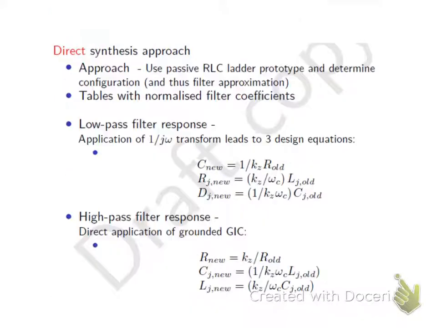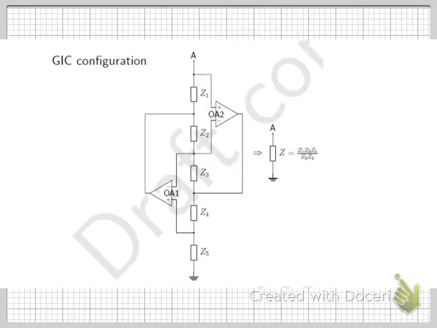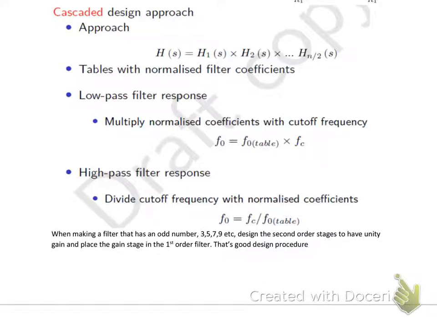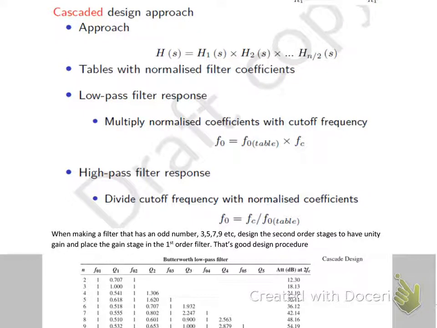So let's get back to where we were. As we saw in the table, the table doesn't have any frequencies. So I just copied a section of the low pass filter table for your Butterworth, just to explain this concept.